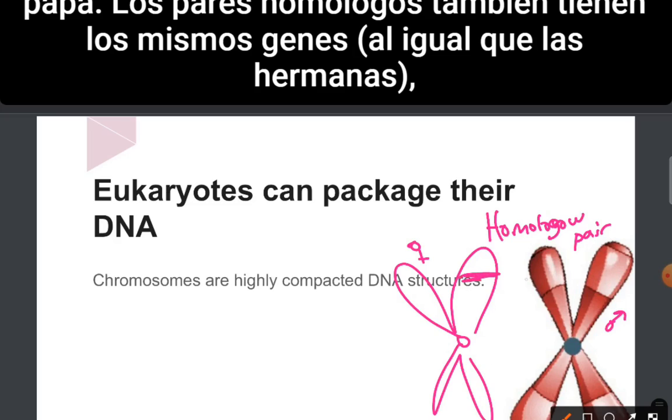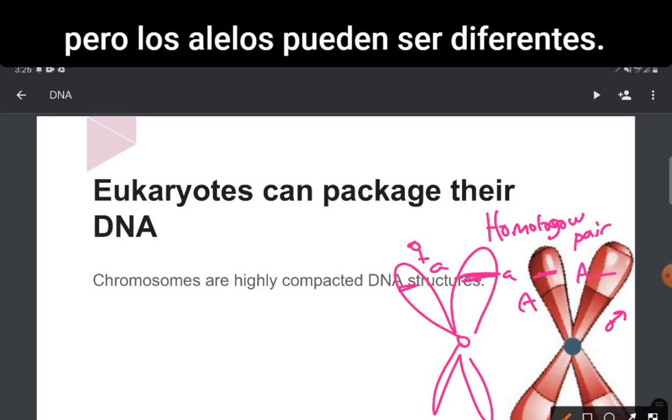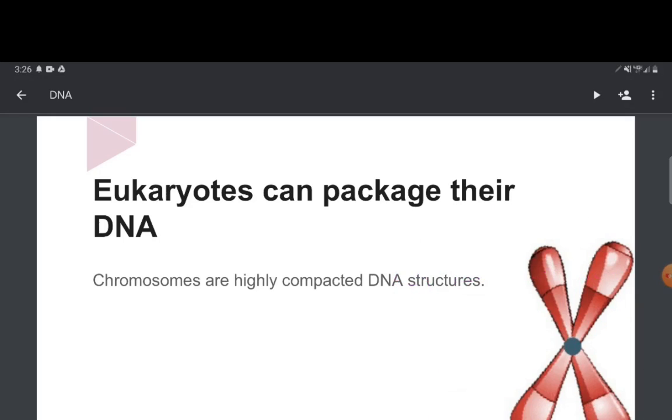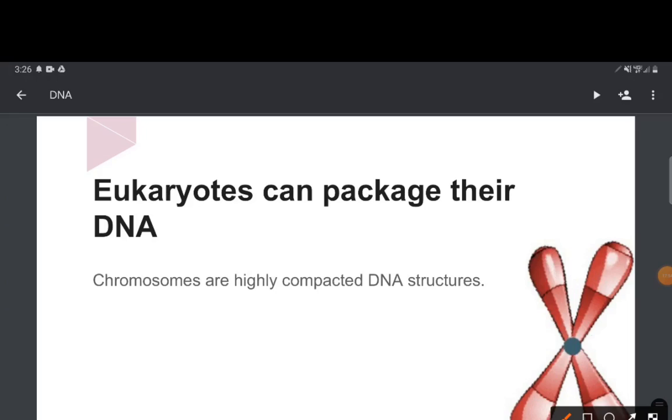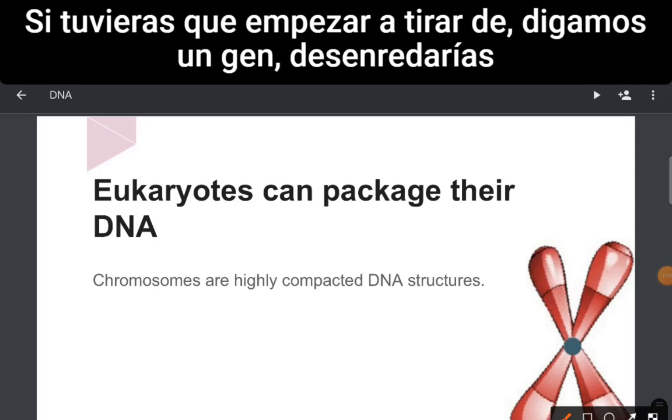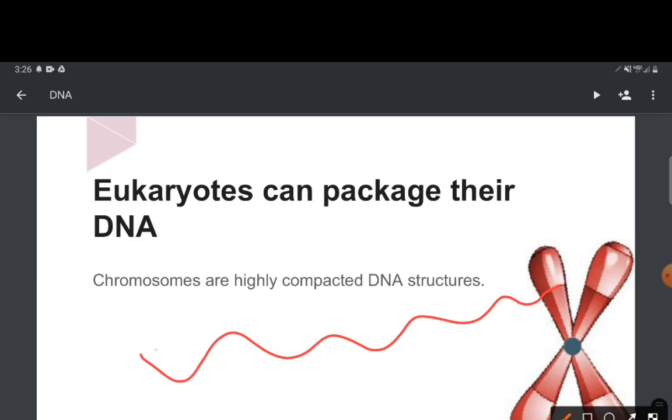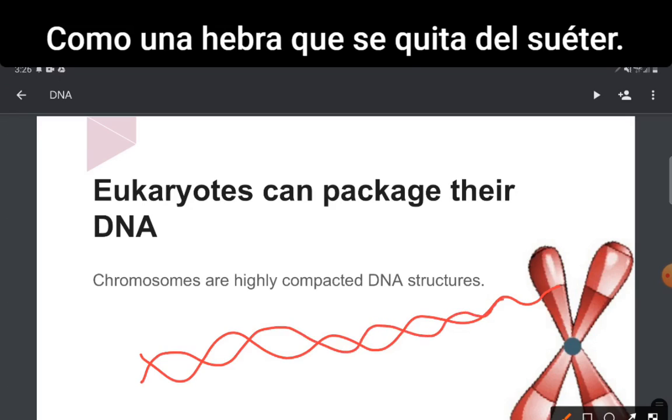Homologous pairs also have the same genes, just like sisters, but the alleles can be different. Chromosomes are just highly compacted segments of DNA. If you were to start pulling at, say, a gene, you would unravel the DNA, like a strand being pulled from a sweater.